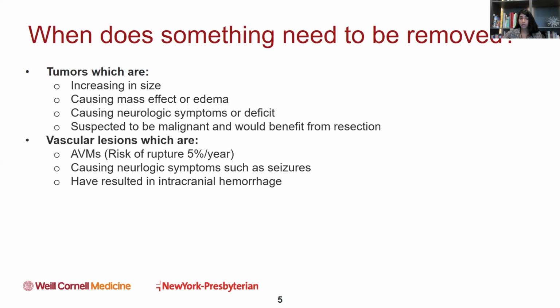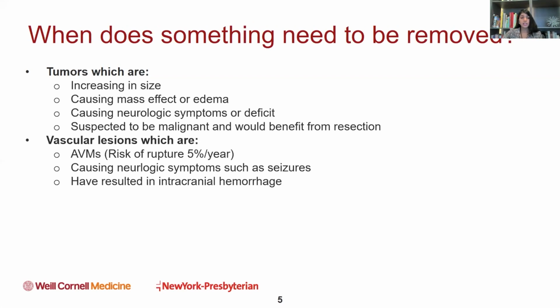AVMs have a risk of rupture typically of up to 5% per year. That varies depending on how large it is and where it is. But given the risk of rupture, depending on the patient's age, we generally advise that those be removed when possible. And we can talk later about which ones can be removed and which ones can't. But in general, AVMs are considered surgical lesions, or lesions that need to be treated in some way.